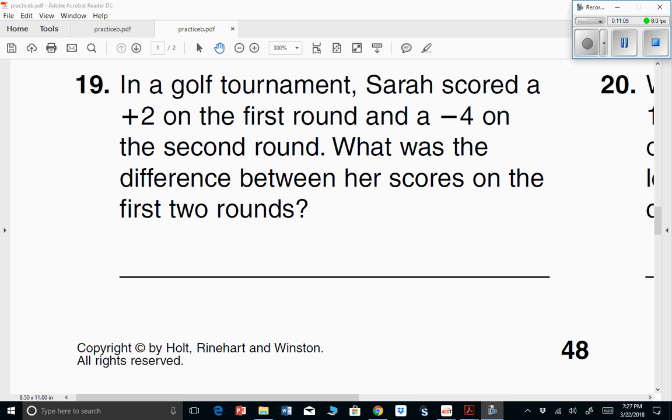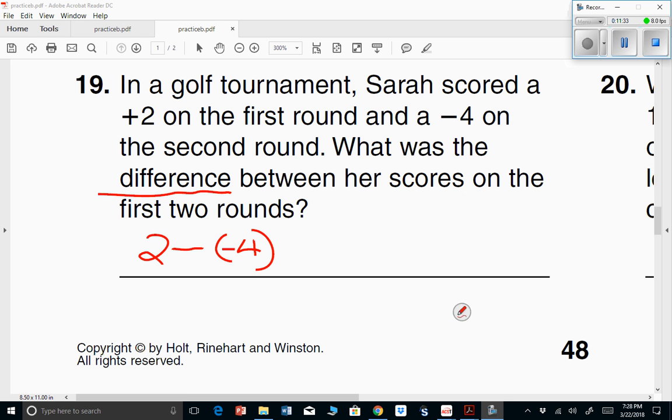The question asks, what was the difference between her scores on the first 2 rounds? When you see the word difference, you should know that that's the answer to a subtraction problem. They are asking you to subtract these numbers. So we're going to take our 2 and we're going to subtract our -4.